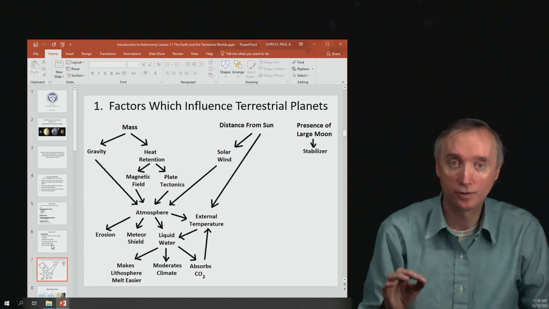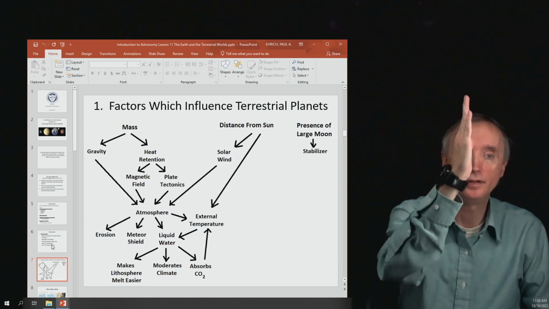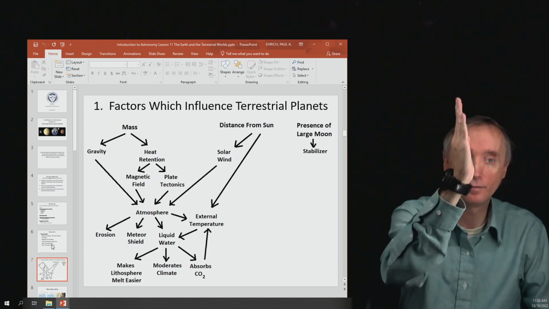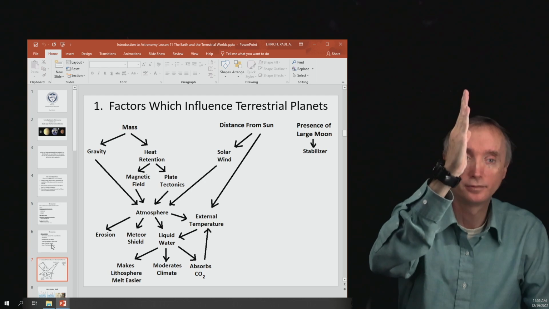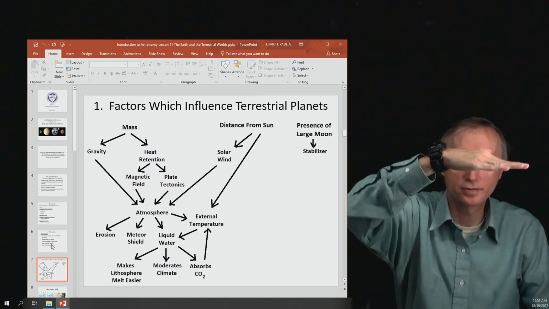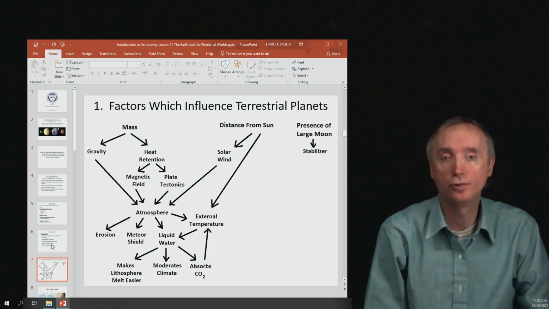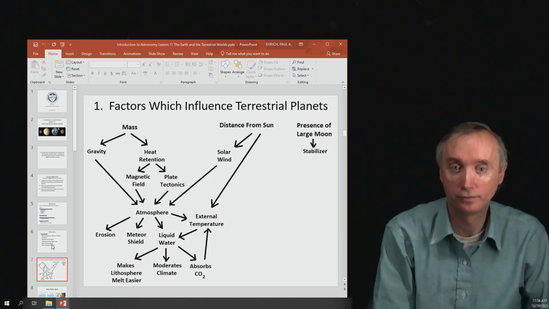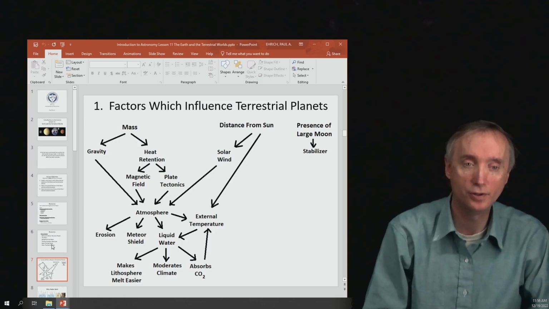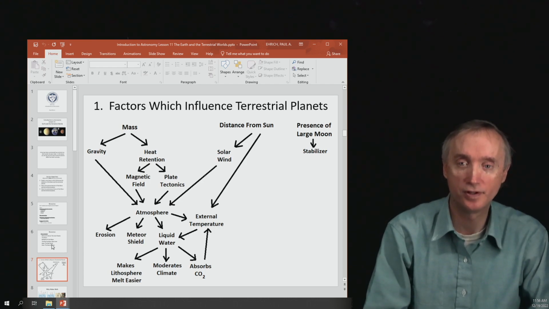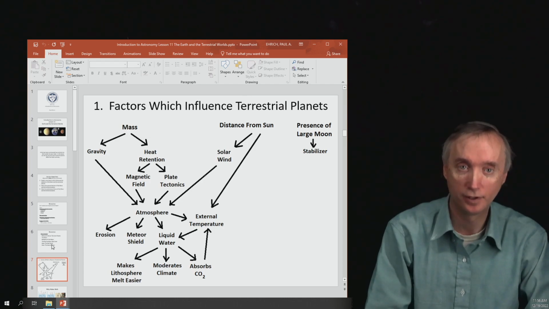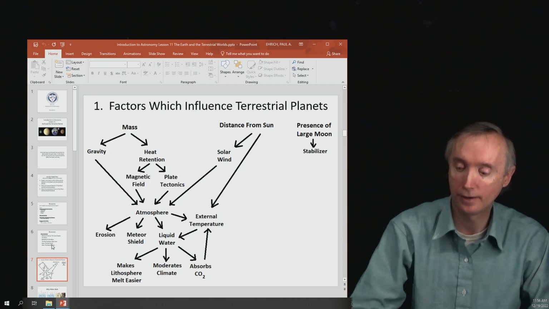But without the large moon, the tilt of the Earth could be anywhere between 90 and this. So it could do this. And you can see how that would really affect the weather. Now, it would still occur over millions of years, but life would not be able to adapt quickly enough to a changing climate like that.